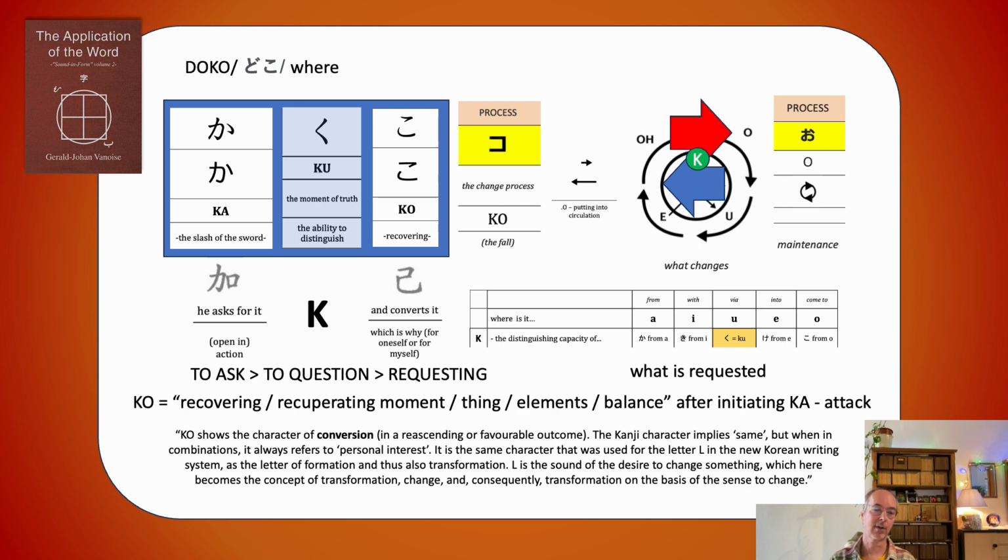So the Ko is the engagement of elements that work to make a distinction. We know already what will work, and that's why we are able with Ko to know what we can put into the process, and we fall into the process at that point. So it shows conversion, as I said here. It's conversion.